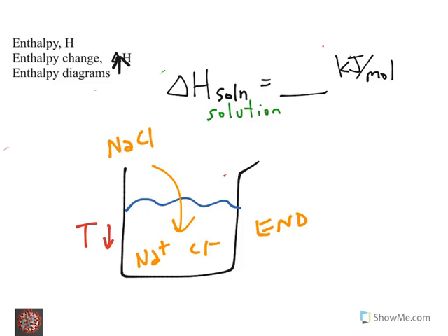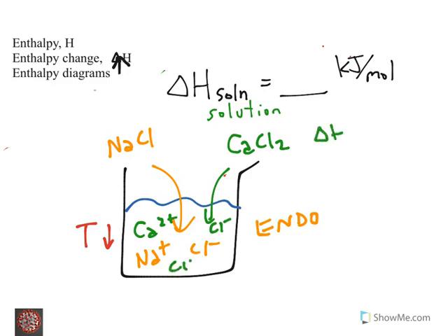Unfortunately, we can't say that all things dissolved in water are endothermic processes, because if we took something like calcium chloride and tried to dissolve that in water, it would break up into calcium ions and chloride ions.